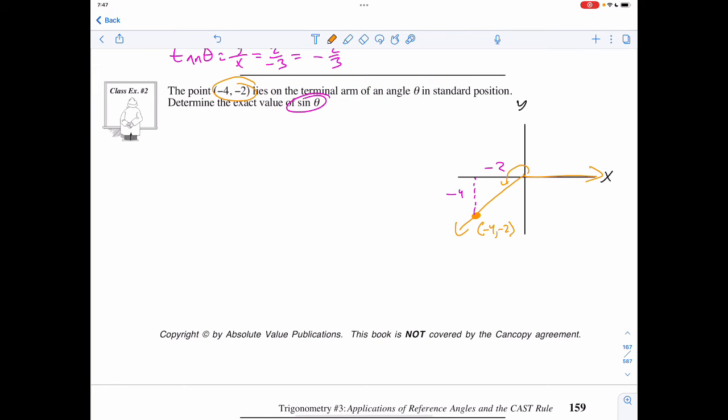There's my rotation angle. And I can solve my ratios based on my reference angle inside of there.